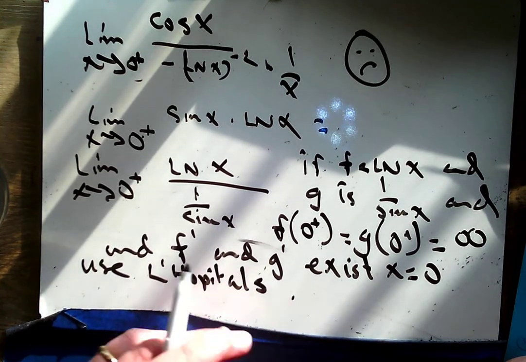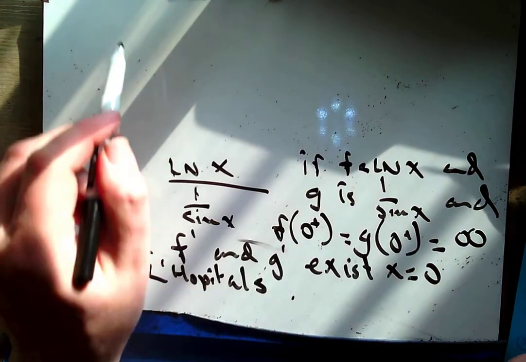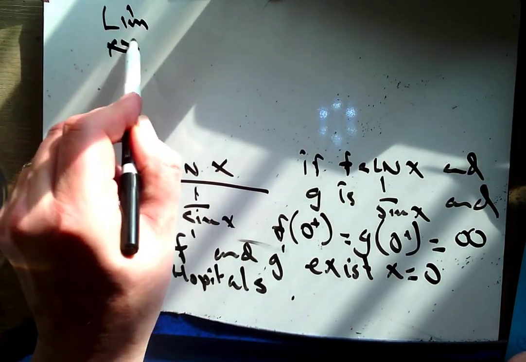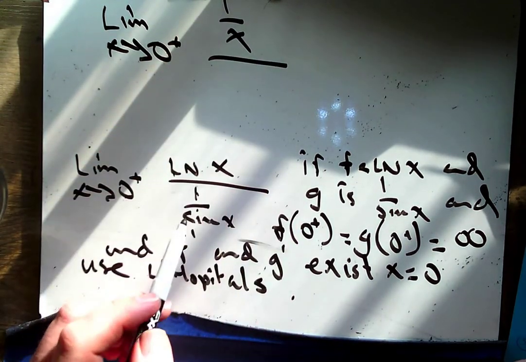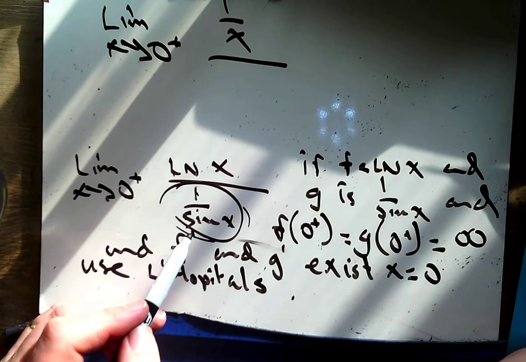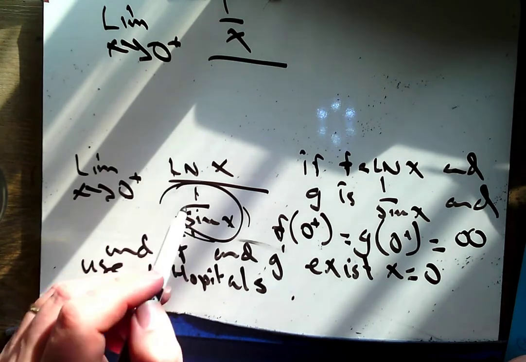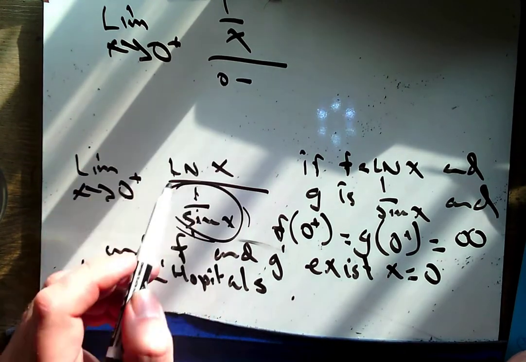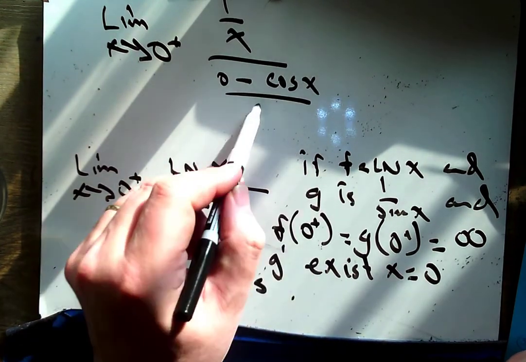Okay, so what does L'Hopital's rule look like here? I've got the limit as x heads to 0 from the positive, 1 over x. And here I'm tempted to rewrite this as cosecant, but I actually think I'm going to do quotient rule. Low d high minus high d low over low squared.